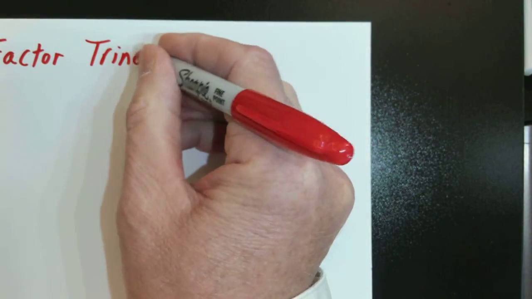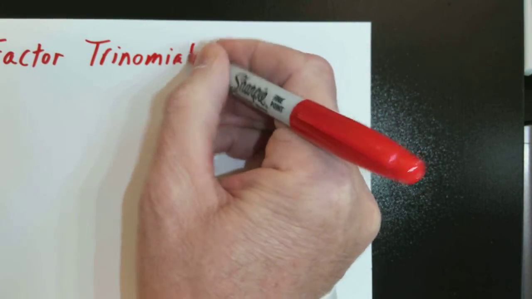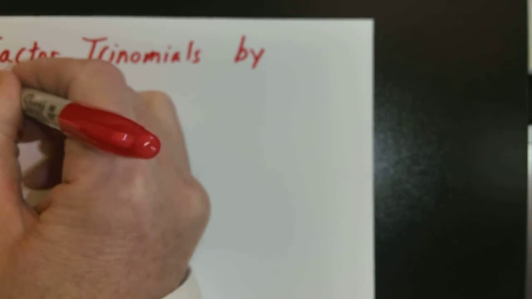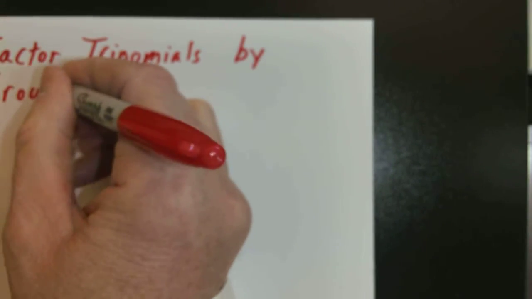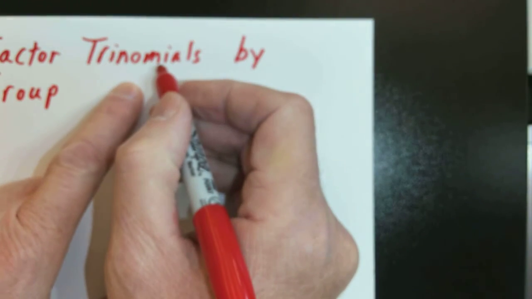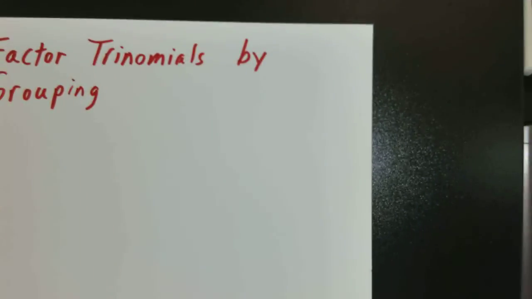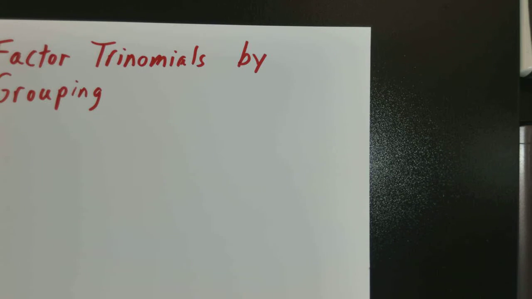We're going to factor trinomials by grouping. We're going to use grouping to factor trinomials. You know, before I said 4 terms, that trinomial means 3 terms. There's a way to split up one of the terms so that you'll have 4 terms to use grouping techniques.